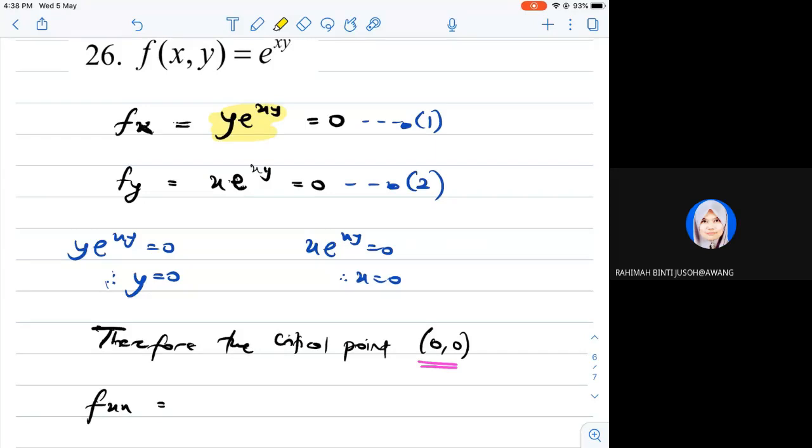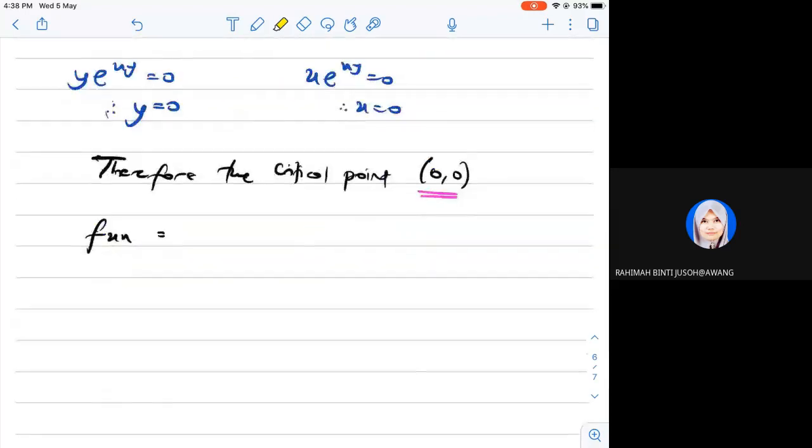So no need for you to use product rule lah. So constant y tu you bawa ke depan lagi. So y darab y jadi y squared. Okay, so y squared exponent xy. Macam tu.